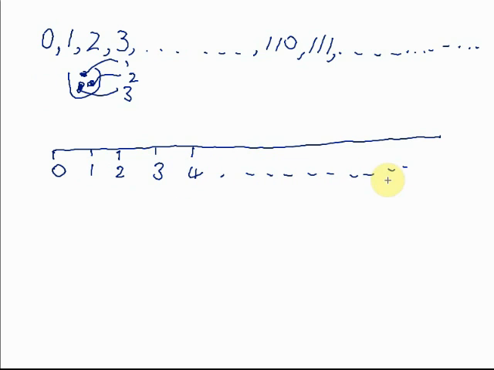And those dots going on and on means that we can keep adding 1, and we can make this line as long as we want. Now, one of the things to note about a number line is that these numbers on the line are separate. They're what we call discrete. And that's a characteristic of these counting numbers.